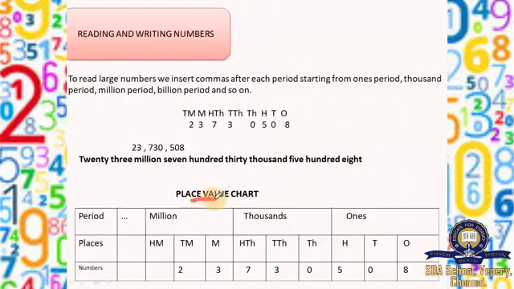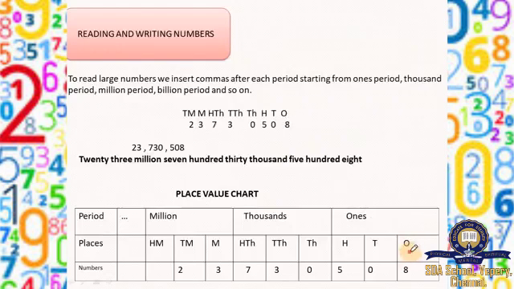Okay. The place value chart. Like we saw before, for the number we can write the place value chart. The place value chart consists of period, places, and numbers. In the places, we have to write the ones, tens, hundreds, thousands, 10,000, 100,000, million, 10 million, 100 million, like that. The place value goes on, and the numbers we have to mention. 8 is in the ones place.